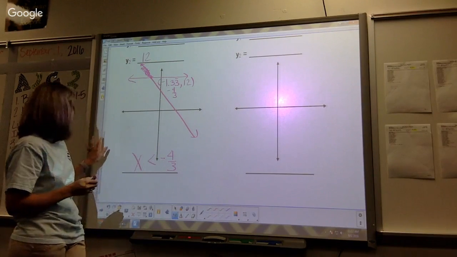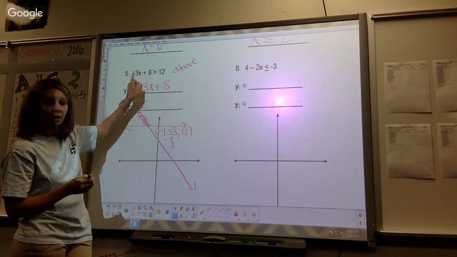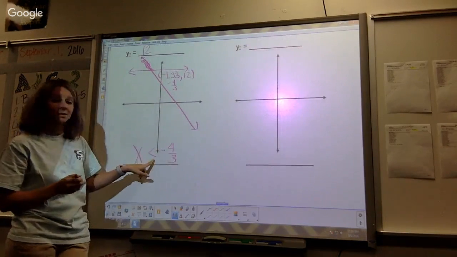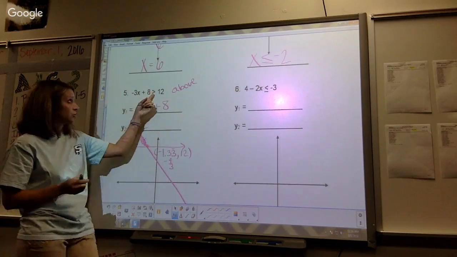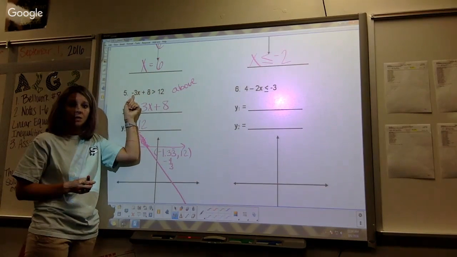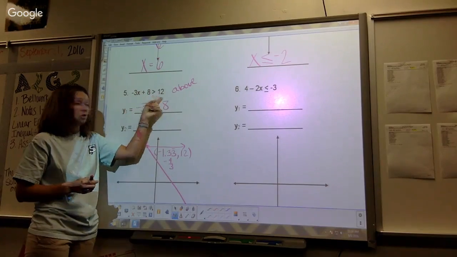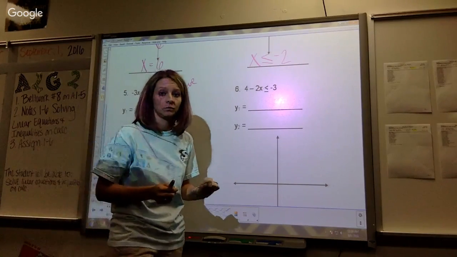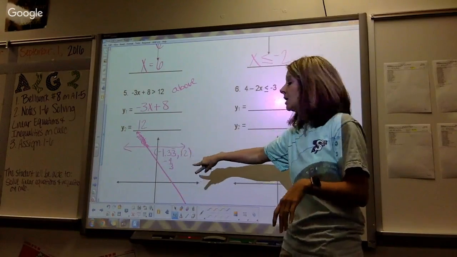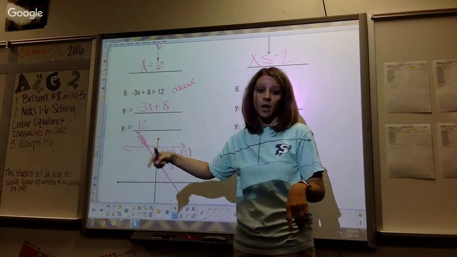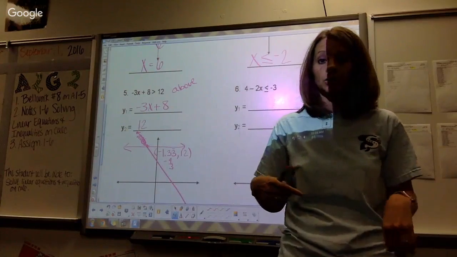Now notice on that one, we started out with a greater than, but in our solution it was a less than. The reason is, if you were solving algebraically, you would end up having to divide by that negative 3, which would change that inequality sign. So that's why it's important on these, when you're not solving algebraically, that you shade, so that it will help you determine your inequality sign on your solution.